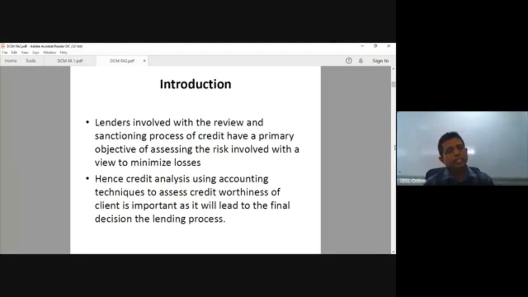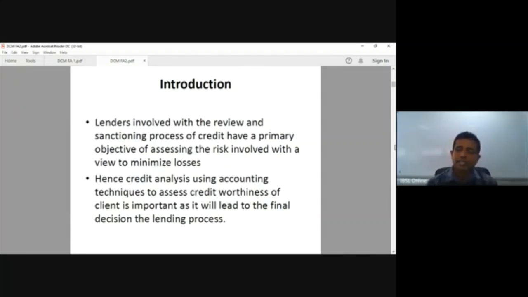The next point: lenders involved with the review and sanctioning process of credit have a primary objective of assessing the risk involved with a view to minimize losses. Point number 2 emphasizes assessing the risk, and point number 3 also, minimizing the losses, right?